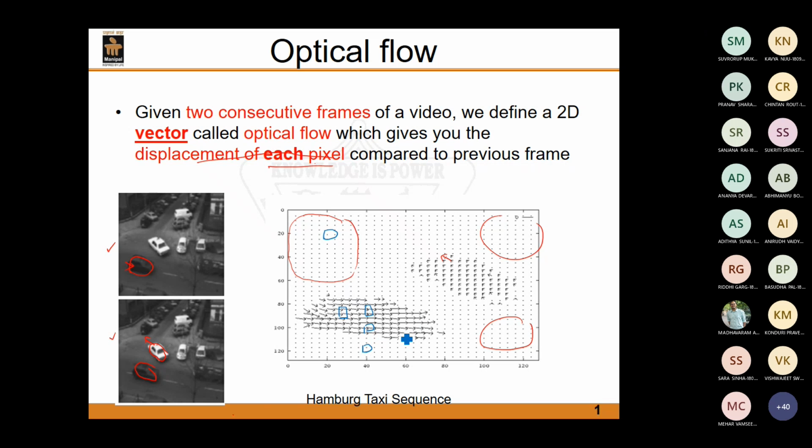But you can't say that it would be the same for the whole of the image, because there are regions, for example, if I take this particular neighborhood, what I see is that this pixel has displacement information, but the remaining pixels over here do not have that information.